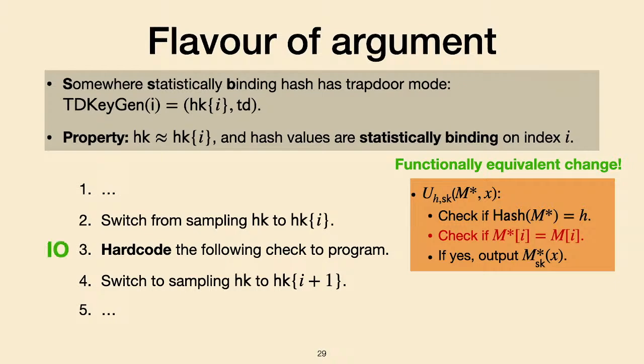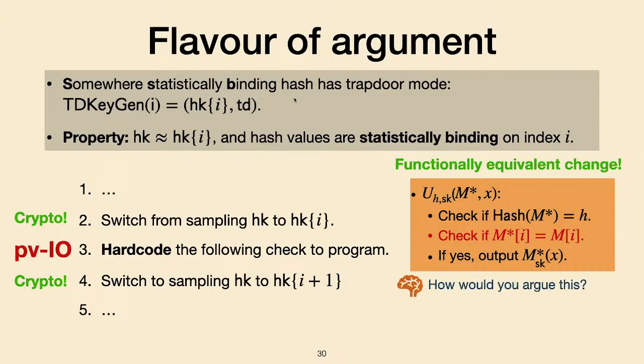Okay. So we used I/O here and we used crypto here, like in the other two hybrids. But now we only have PV I/O. So now you have to think a bit more about how you are going to argue that this is functionally equivalent, how you reason about this functionally equivalent change, so that you can actually show it using PV I/O.